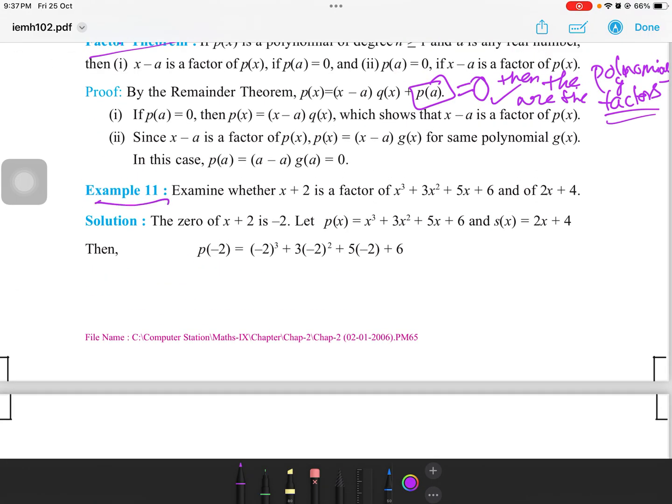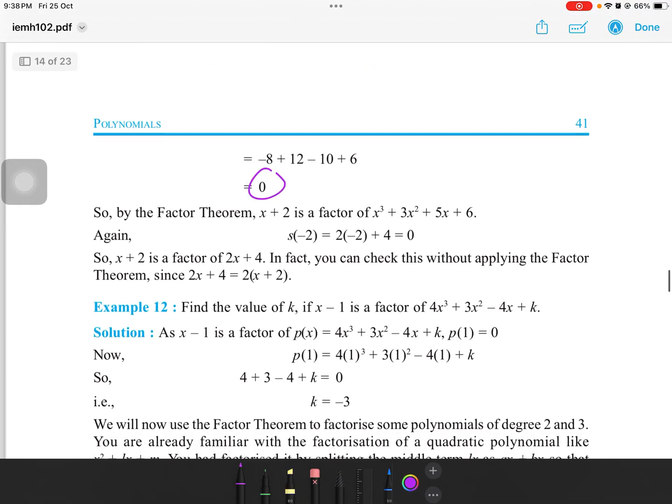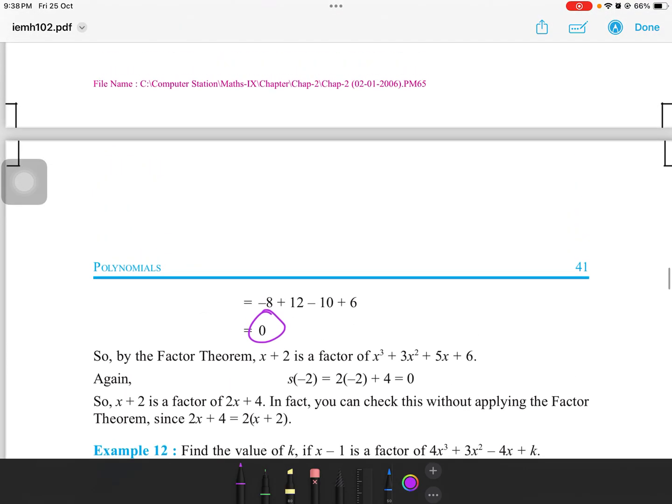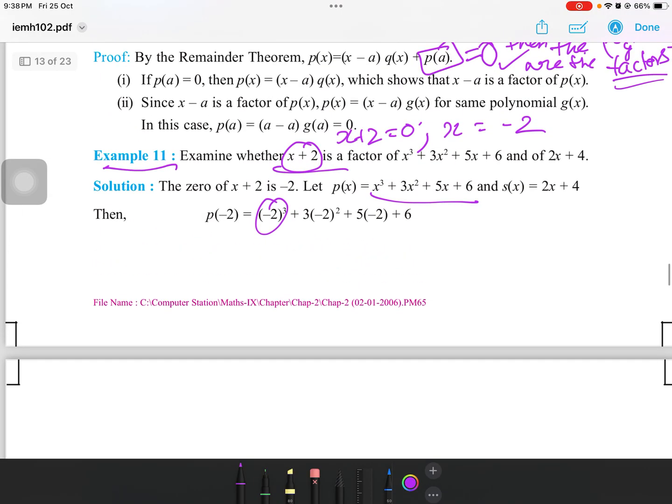Now this is just an example. You have to check whether this is a factor. So there you go. Now you substitute the value: x plus 2 equals 0, then x equals minus 2. In this polynomial you substitute that value, and if you are getting 0, then x plus 2 is definitely a factor of this polynomial.